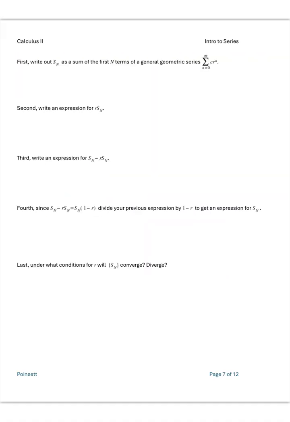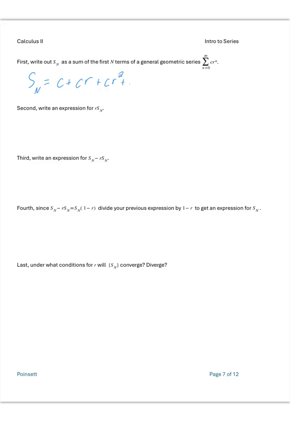To do this analytically, we will look step by step at some symbolic computations that will allow us to figure this out. So first, we're going to write the nth partial sum, S sub n, as a sum of the first n terms of a general geometric series of this form. So we've got S sub n is equal to, when n is 0, this is simply just C, plus when n is 1, this is simply CR, when n is 2, this is simply CR squared, dot, dot, dot.